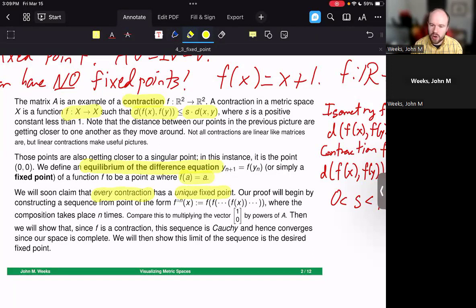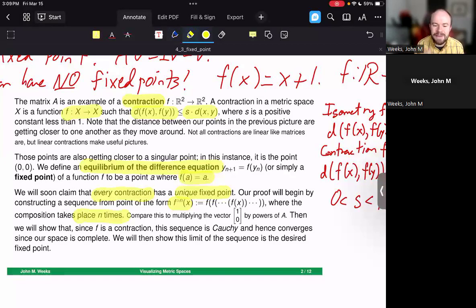Our proof is going to start by, kind of like how we did in our previous slide, constructing a sequence of this form: f composed with itself n times of x, where the dotted place is where the composition takes place n times. Compare this to multiplying the vector 1, 0 by powers of a, kind of like composing it with the function a over and over again.